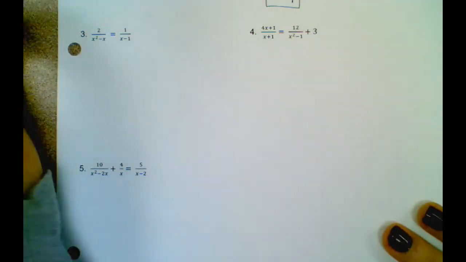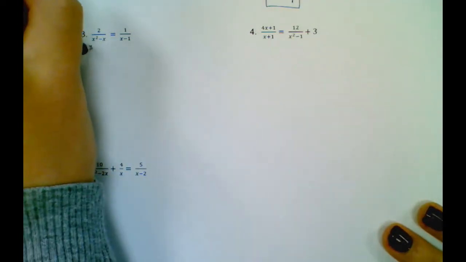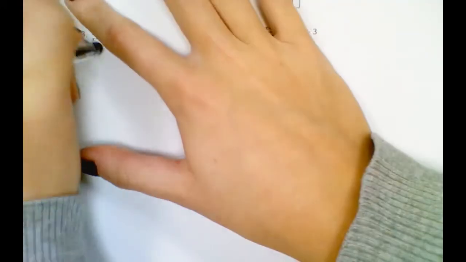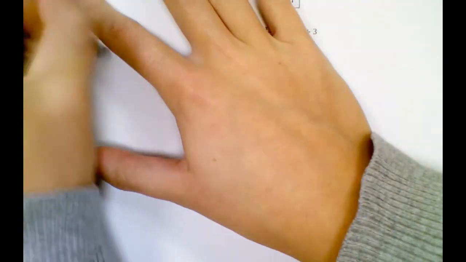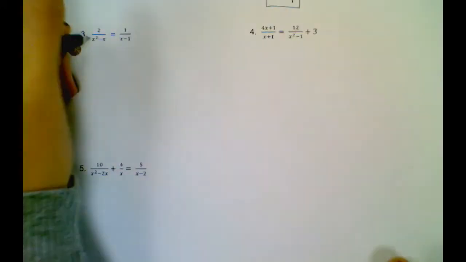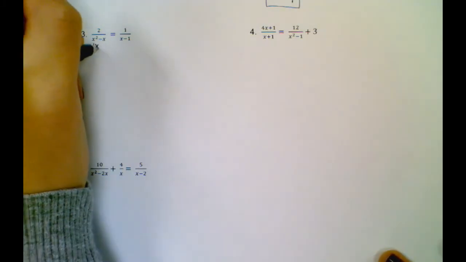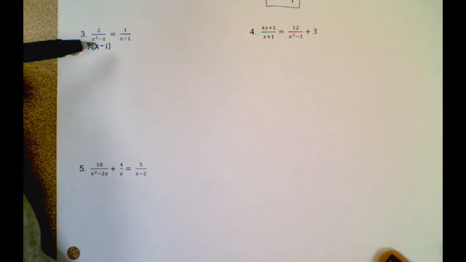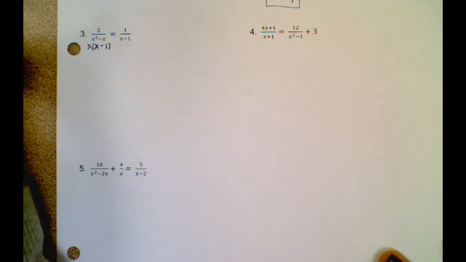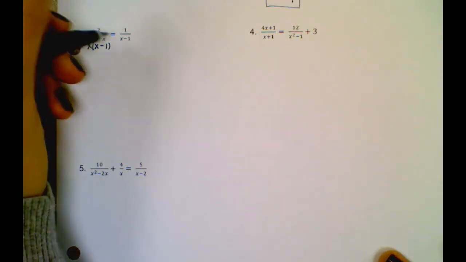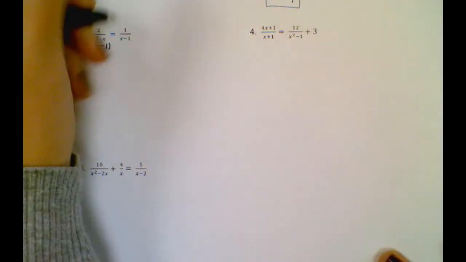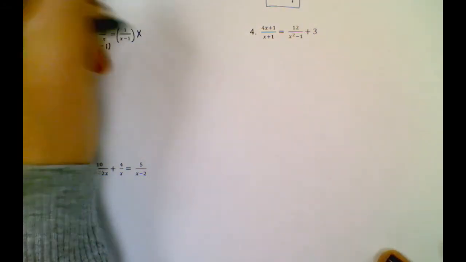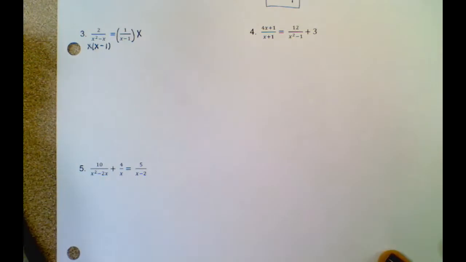Okay, over here, notice that we have, oh, whoops. I thought that was x squared minus 1. All right, so I have a GCF here of x, so I get x minus 1. And you always want to factor anything out first, like we have been doing so far with rational expressions. But notice this denominator is just missing the x, so I'm going to multiply this whole side by x.